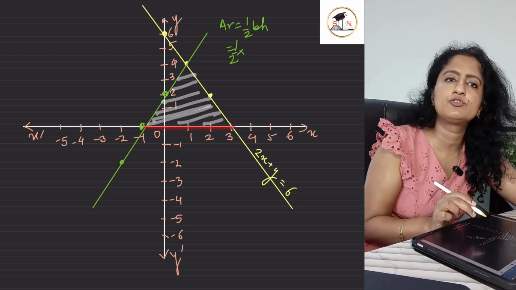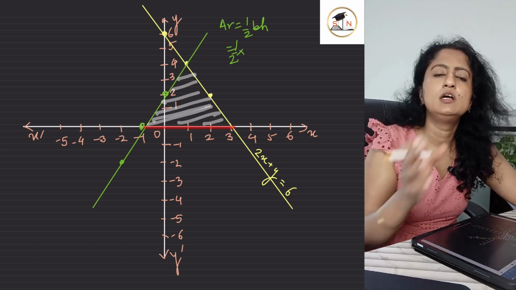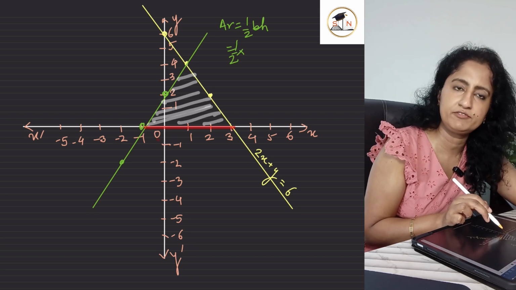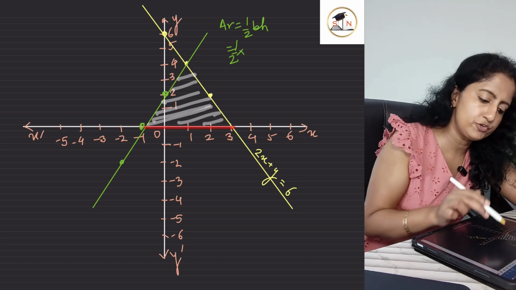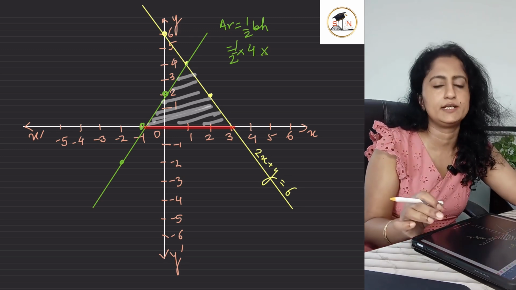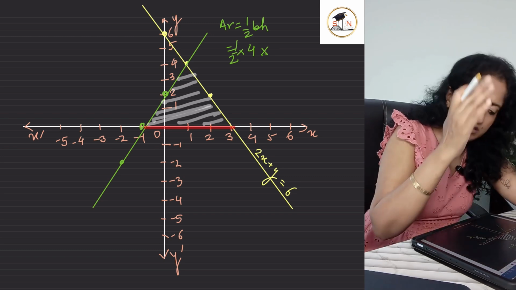The base is from -1 to 3, -1 से लेके 3 तक. तो कितने यूनिट्स हैं दोनों के बीच में? You have 1 unit on the left and 3 units on the right. That means total 4 units है. So आपके बेस की जो लेंथ हो गई, that is 4 units. Now, similarly, what is the height?